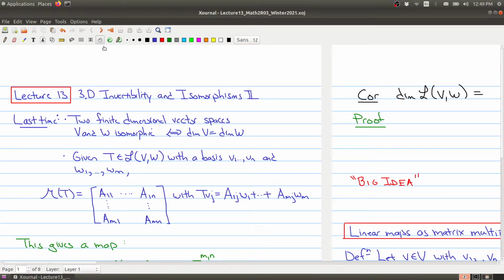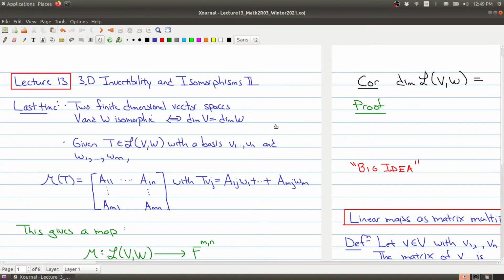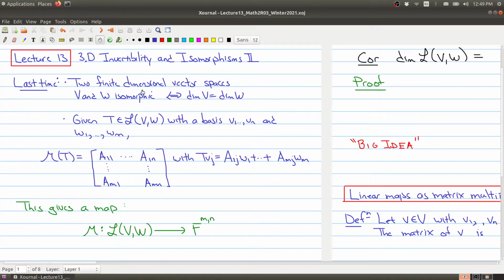Okay, so just to recap where we are, in the last lecture we saw that two finite dimensional vector spaces, V and W, are isomorphic if their dimensions are the same.